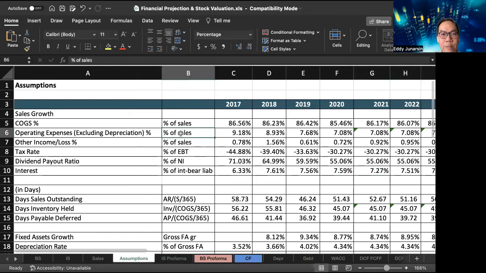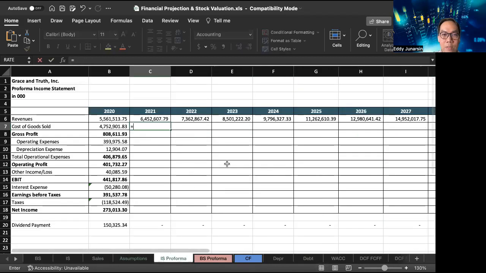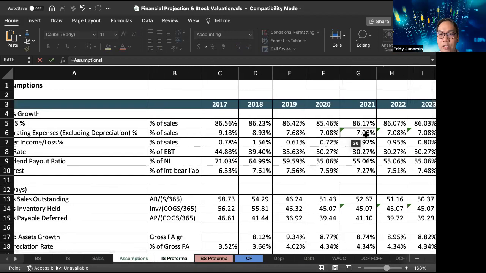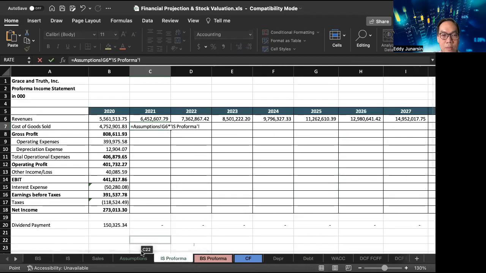So we have the ratio, right? Percentage of sales. That's the driver, right? So the ratio to sales, 7.08 in 2021 times the sales in 2021.